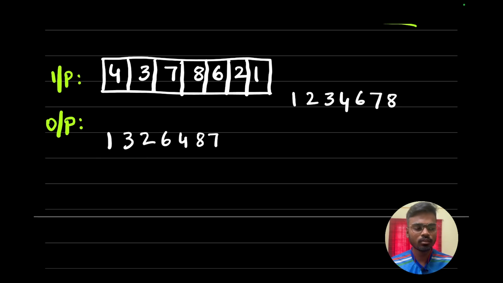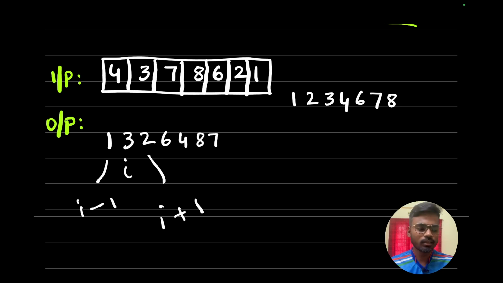Because in a zigzag array, for any ith element, the I minus 1 element is less than I and the I plus 1 element is greater than I. That's the condition each element should satisfy.